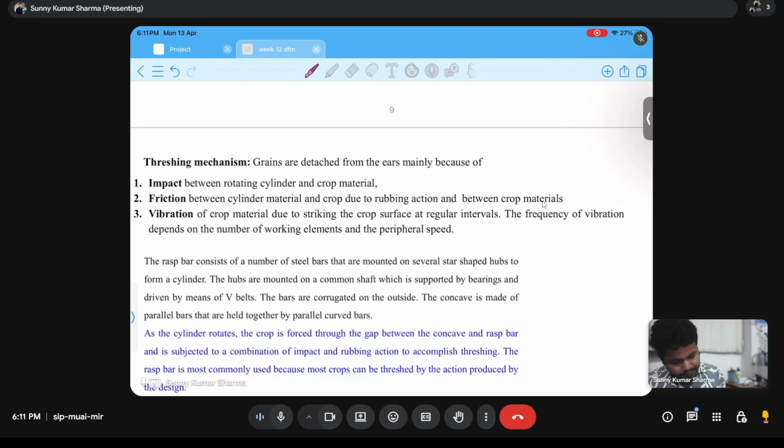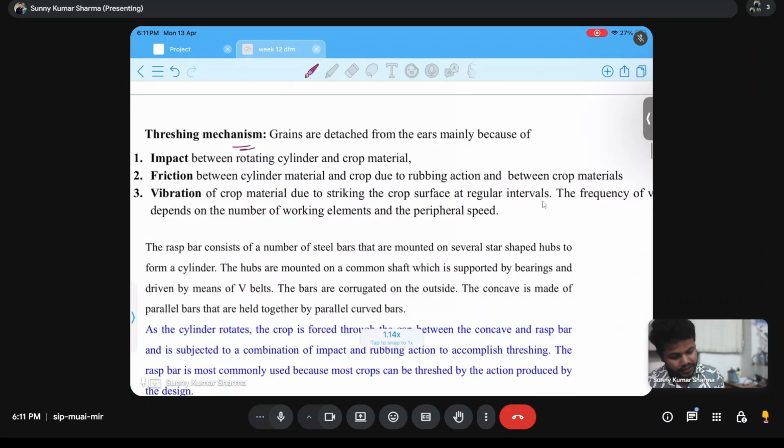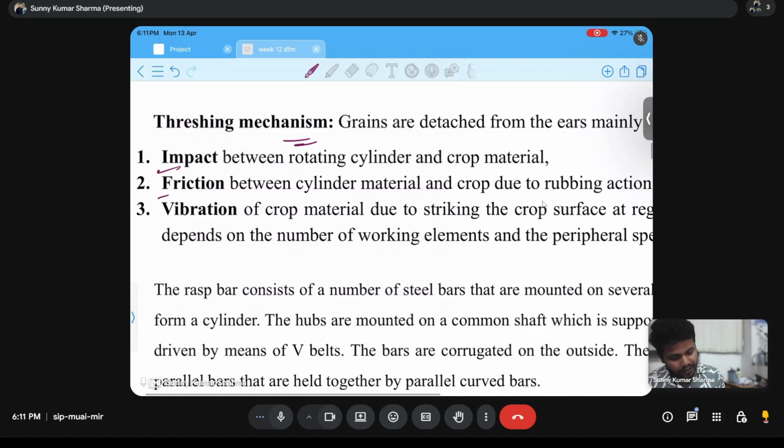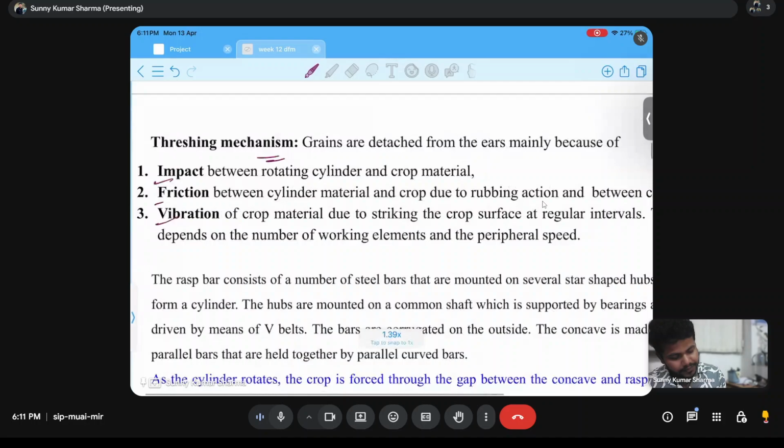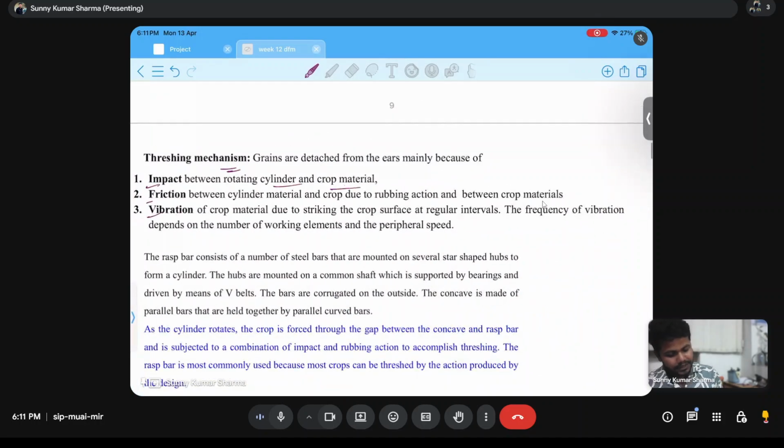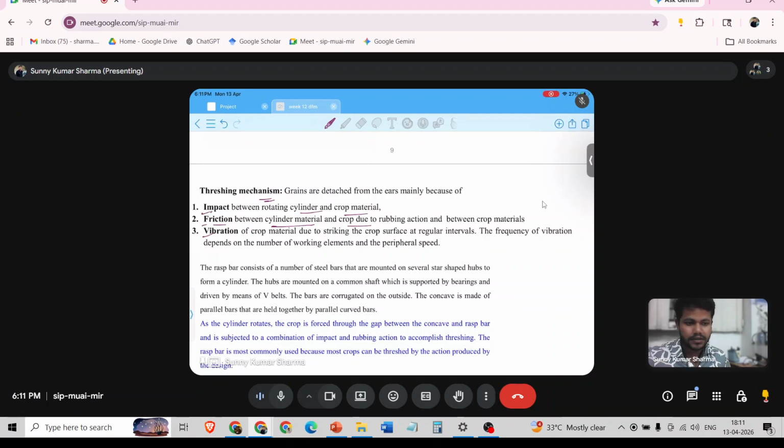And the threshing mechanism: a thresher has mainly three mechanisms for threshing. First one is impact, second is friction, and third is vibration. In impact, the impact between the rotating cylinder and crop material threshes the crop. In friction, the rubbing action between the cylinder material and the crop material makes the threshing operation.